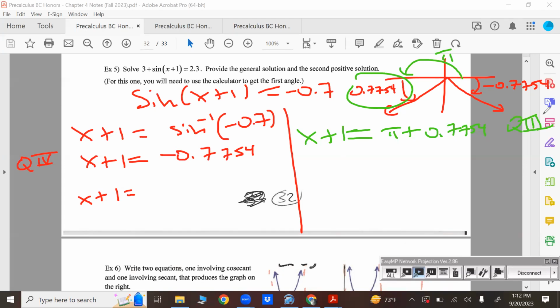For example, if this was 30 degrees, then that would be 30 degrees as well, because remember that 210 would be 30 for the same sine. So it's pi plus that. You have to do that as well, which is 3.9170.